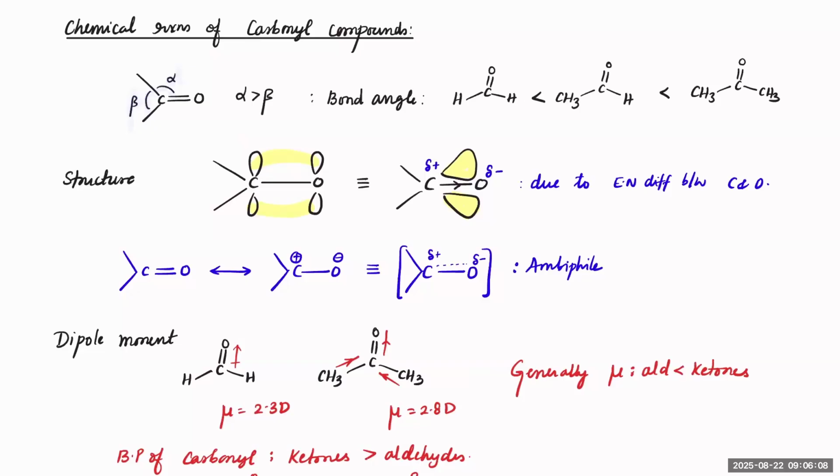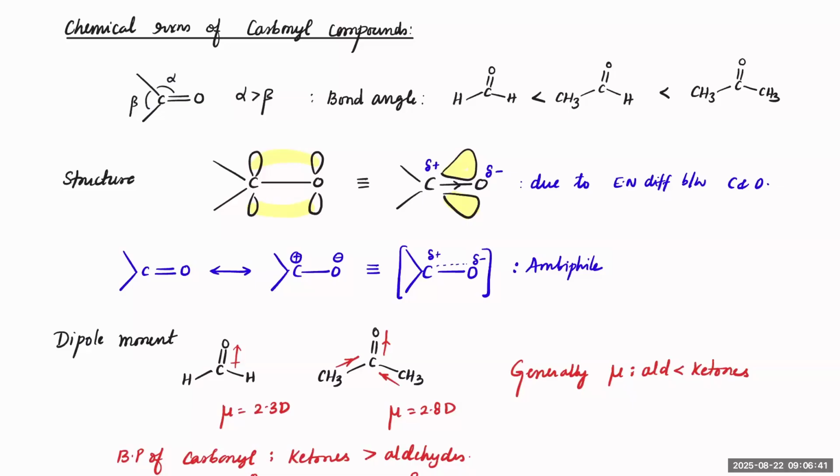Generally alpha will be greater than beta, because double bond repulsion towards a single bond would be more compared to single bond and single bond repulsion. But that does not mean these two groups, if they are becoming bulky, will also have more repulsion. So because of it, beta increases. First thing, generally alpha is greater than beta. That is a fact you need to remember.